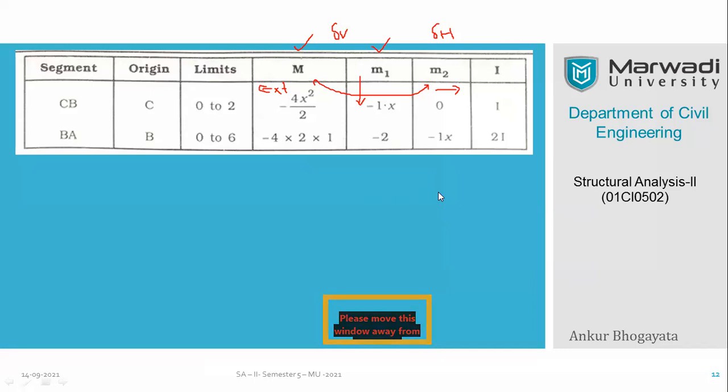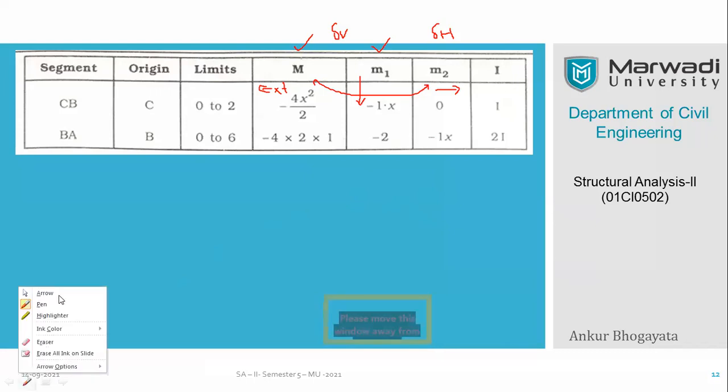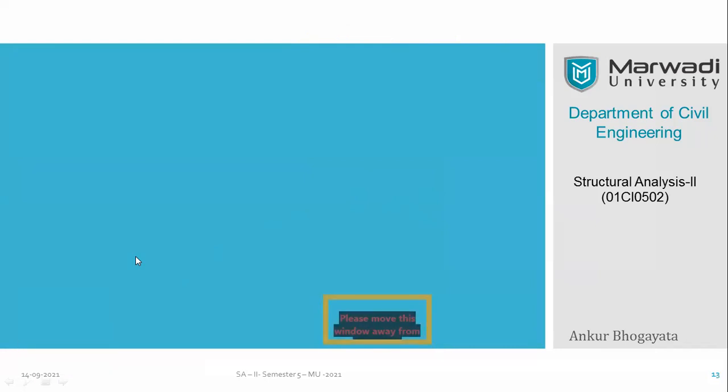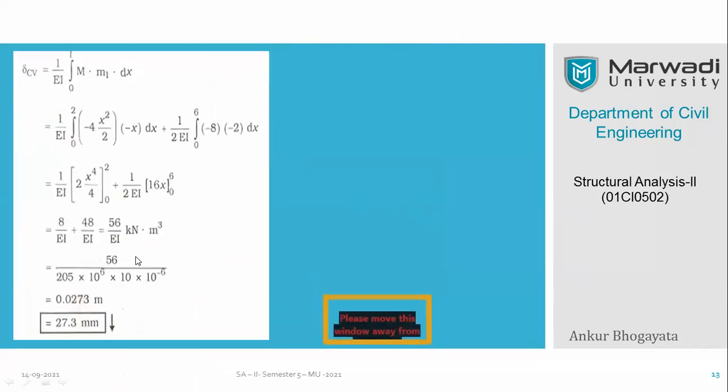Thanks for the discussion to both of you. All right, so it seems okay because 27.3 is the right answer for vertical deflection. I think all of you agree with this calculation.